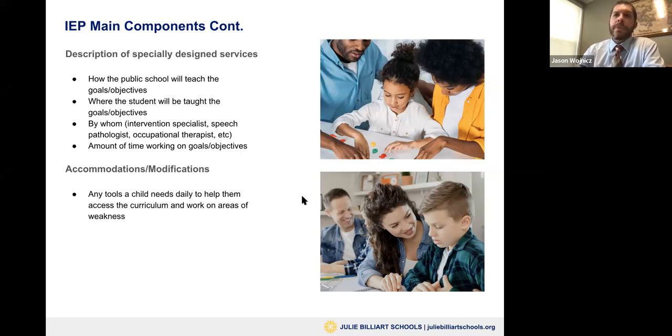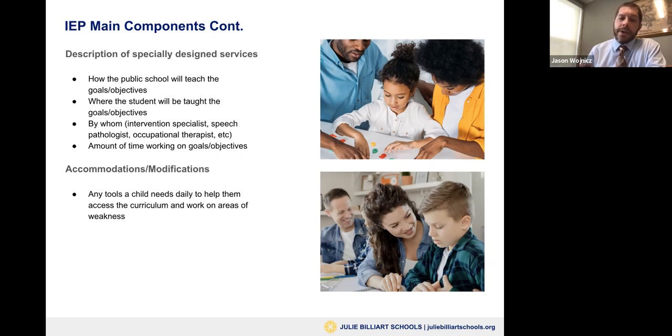So, as you have this discussion in the IEP team, be thinking about what are those supports that should be around my child that is going to allow them to have better access to the academic instruction, better access to social opportunities, fine motor tasks, and so forth.